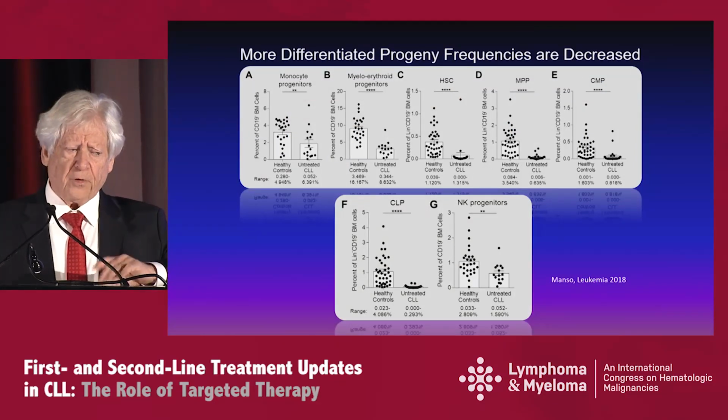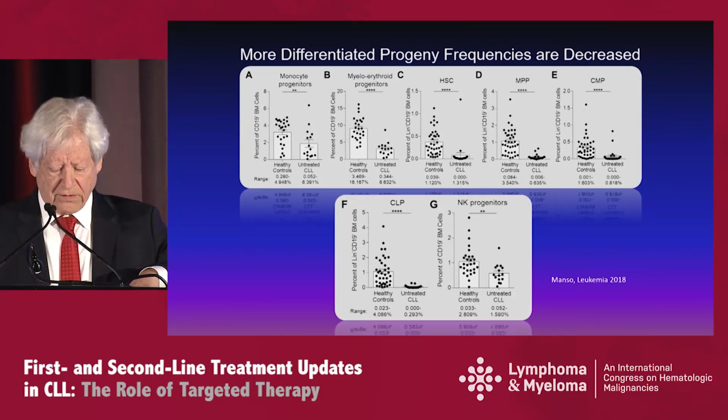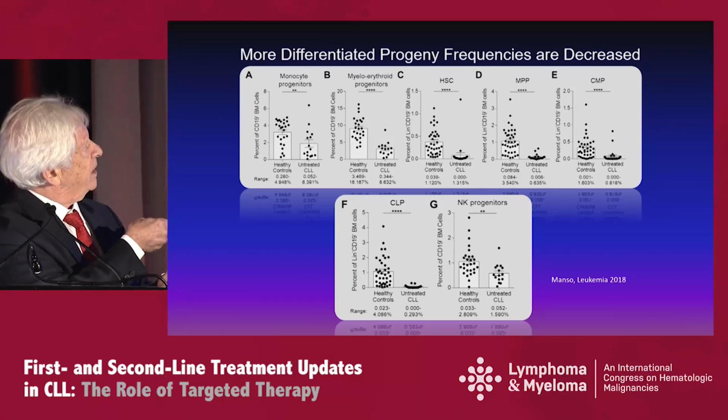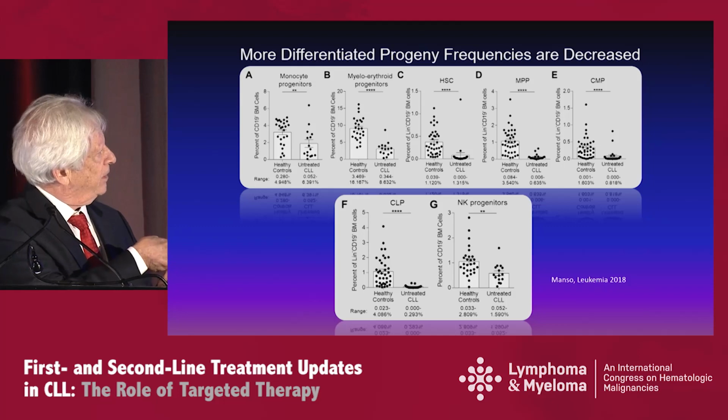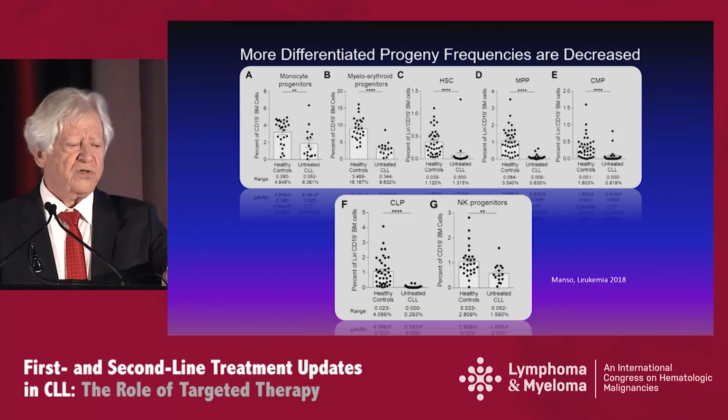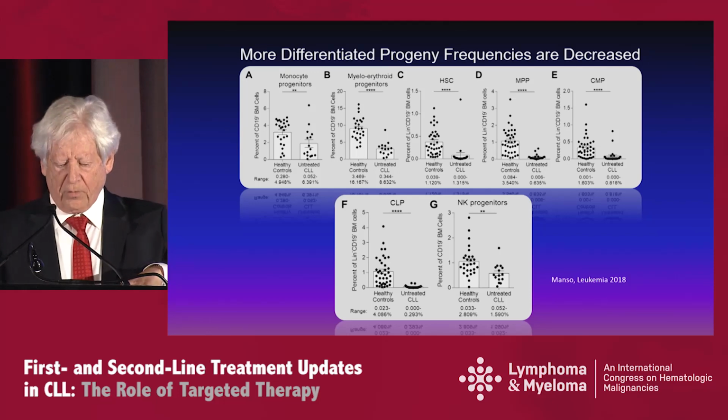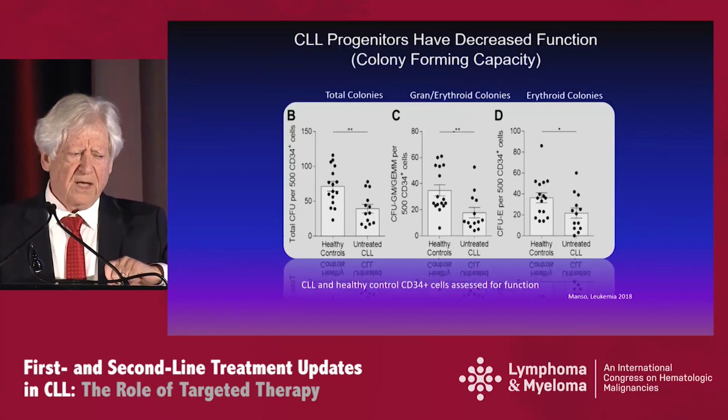What about the more differentiated progeny? These are also decreased. So just for sake of reference, again, monocyte progenitors, multipotent, common myeloid, common lymphoid, and NK progenitors are all significantly decreased in the bone marrow of these untreated patients.